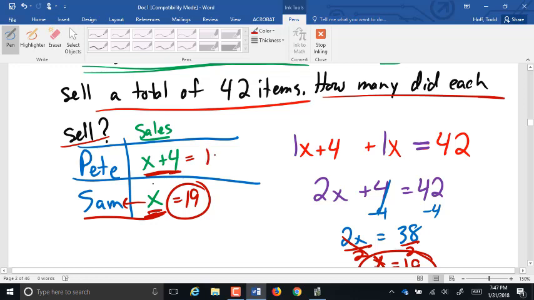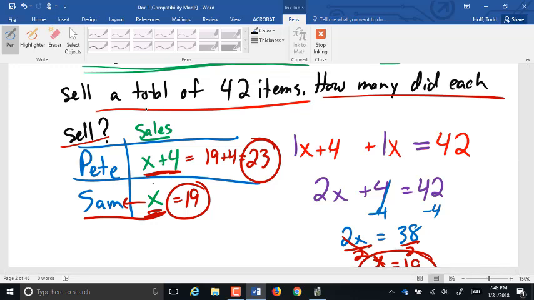It's X plus 4, so 19 plus 4 is 23. Any questions? What's that? Yes. Sure, you can save a few seconds by skipping it, but at the end it saves you a lot of confusion by having it written down.